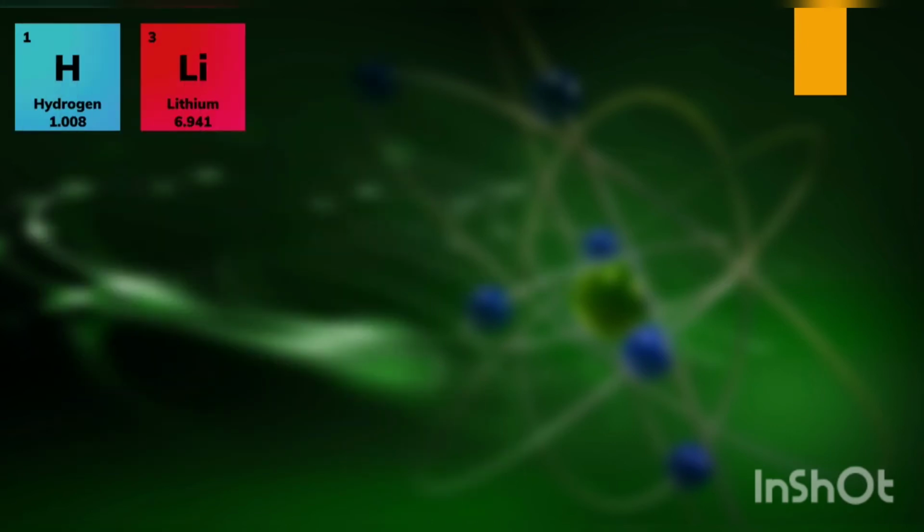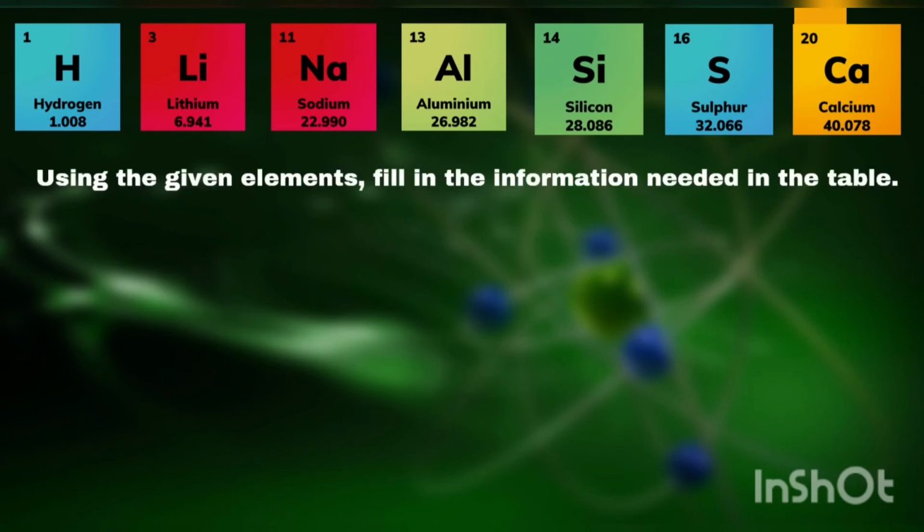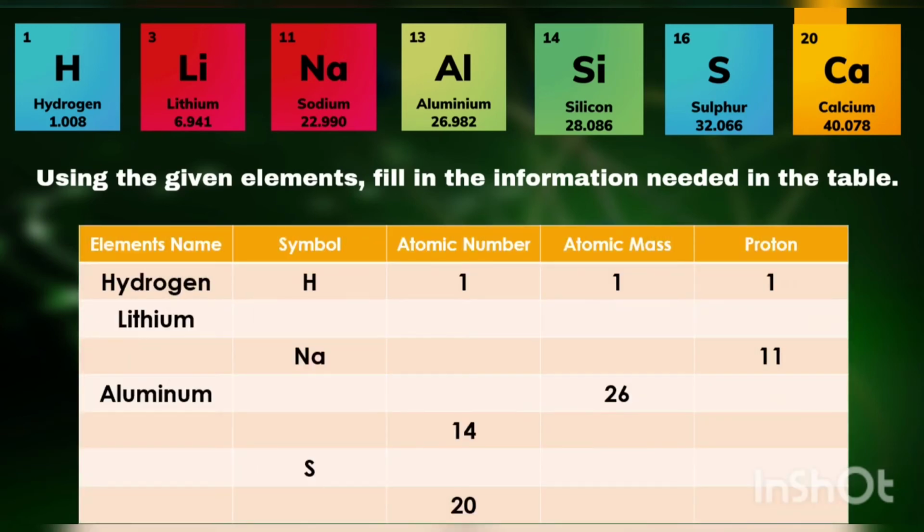Okay, let us have some exercises. So you have here the elements hydrogen, lithium, sodium, aluminum, silicon, sulfur, and calcium. Using the given elements, fill in the information needed in the table. So you have to provide the element's name, the symbol, atomic number, atomic mass, and number of protons by just looking at the element cards.